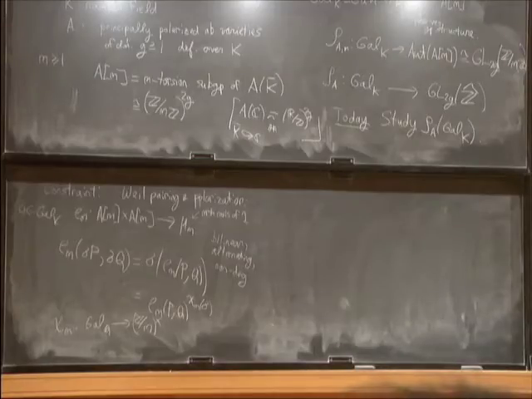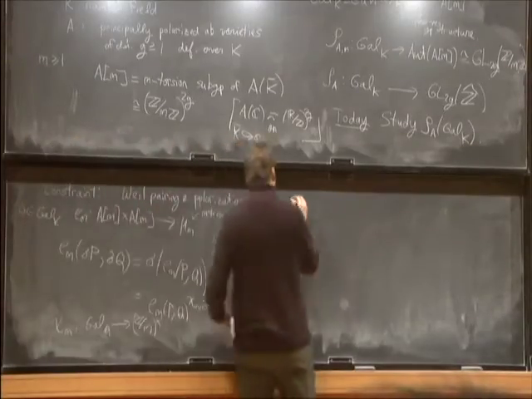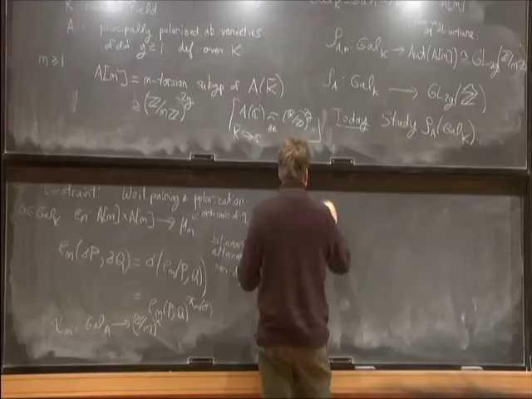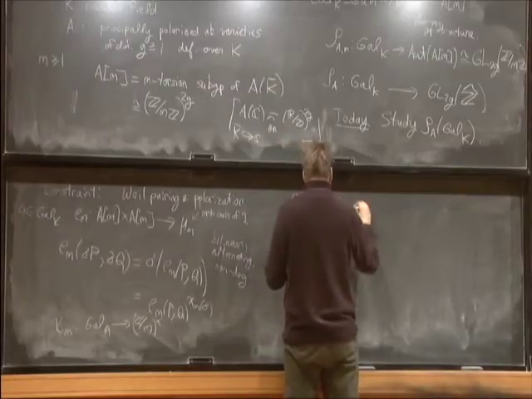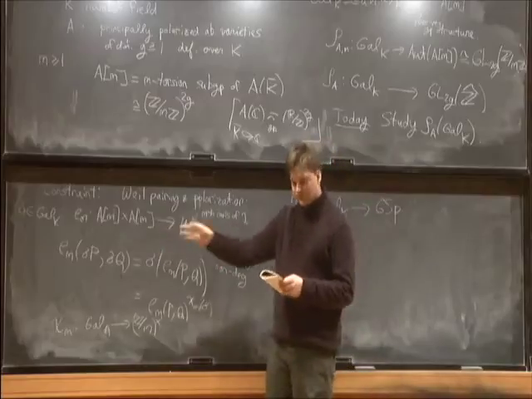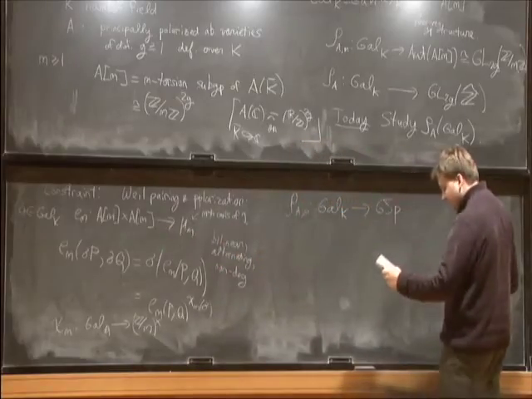Okay, so this constrains the image. Our representation takes the Galois group into something smaller. That's exactly the things that satisfy that.